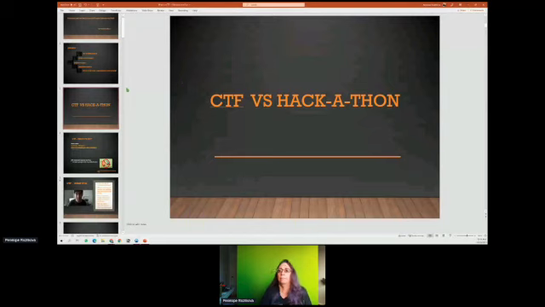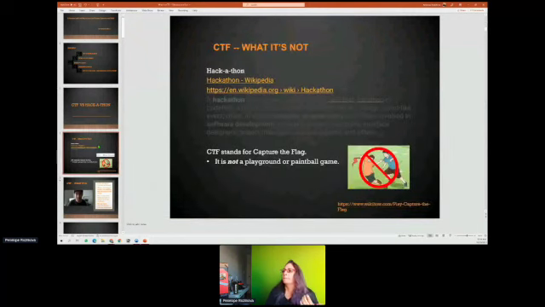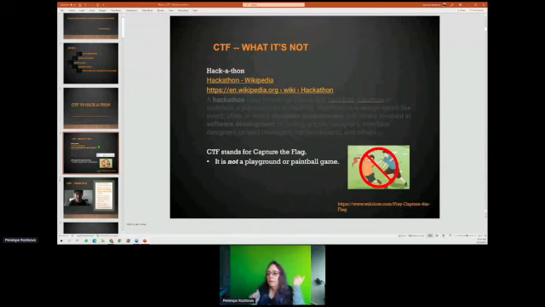So a hackathon is the coding part. A hackathon is not a CTF. The first time I went, it was even a cybersecurity hackathon. We got there and it's like, oh my gosh, we're supposed to be coding. We're supposed to develop an app that we can say does this great thing. And this hackathon has nothing to do with hacking in my mind, right? It had to do with coding. So a hackathon is not a CTF.